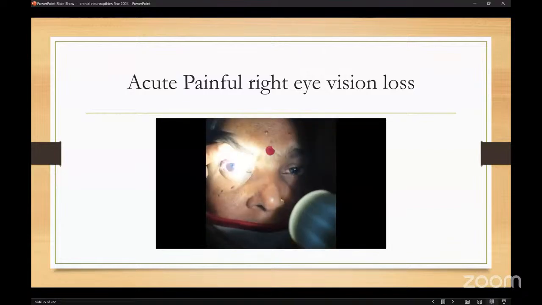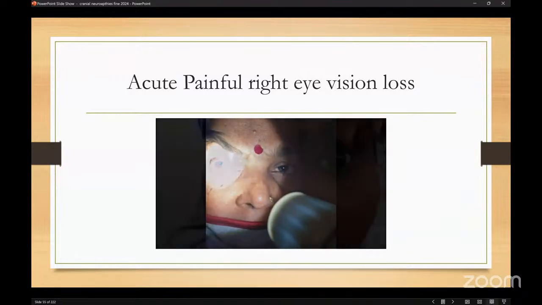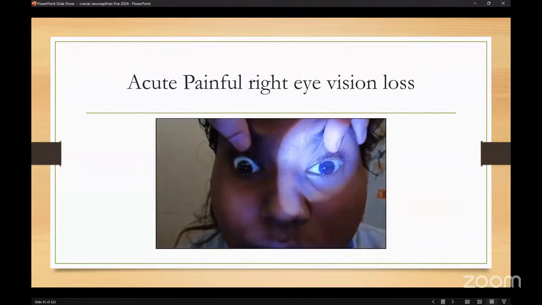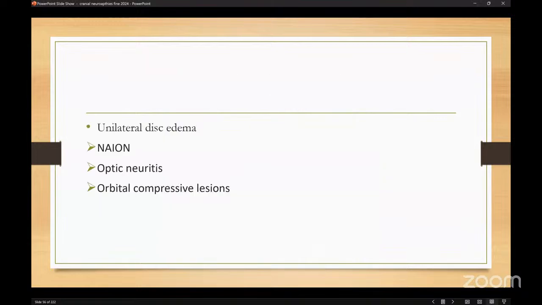If you see carefully, the right pupil was dilating instead of constricting. That is what is RAPD. Okay.